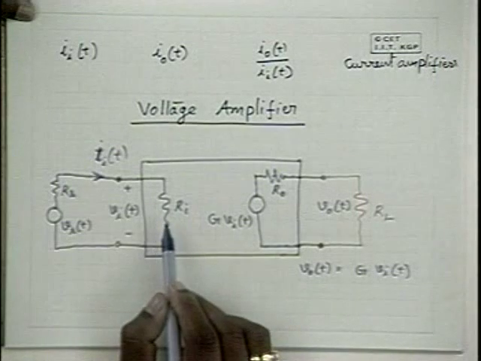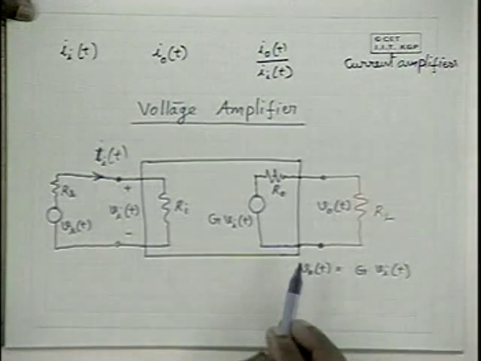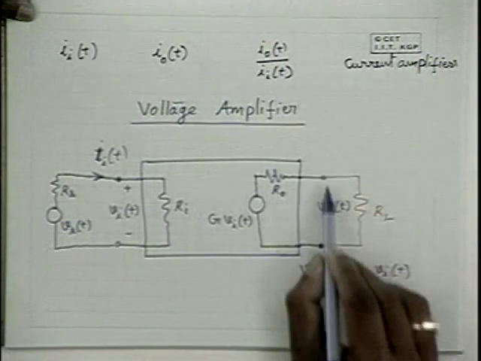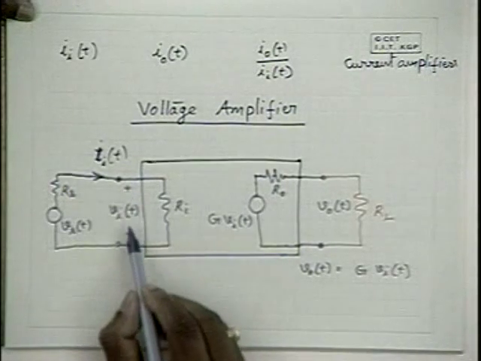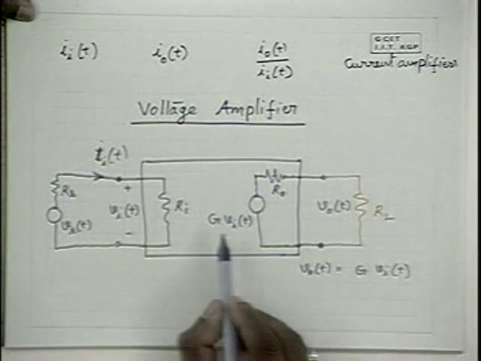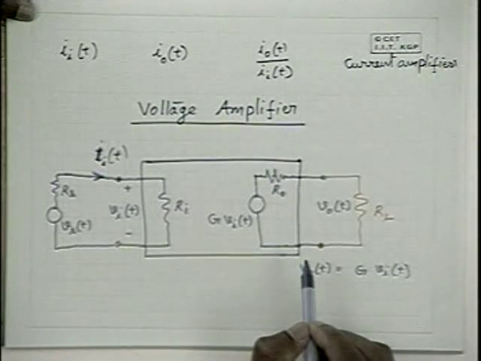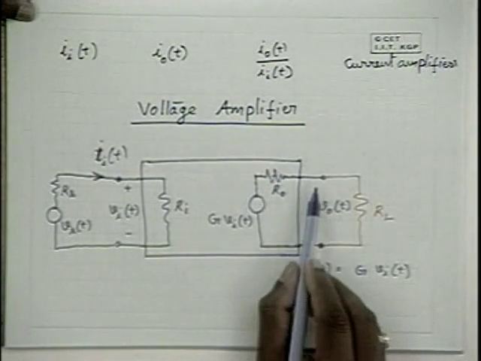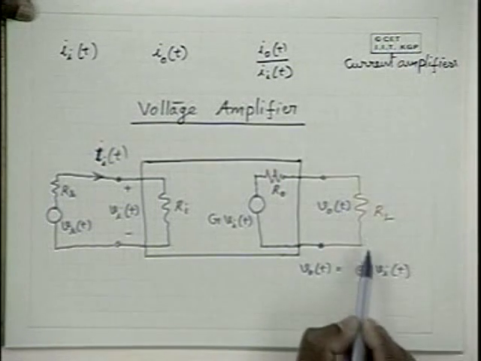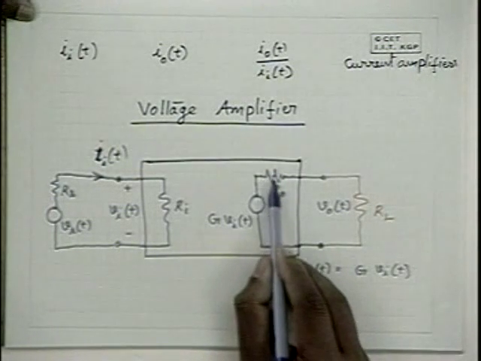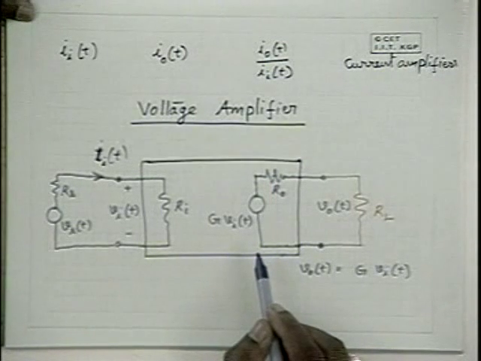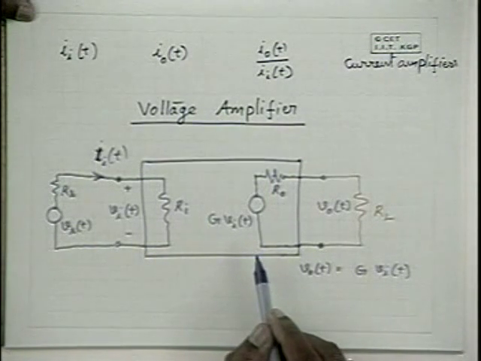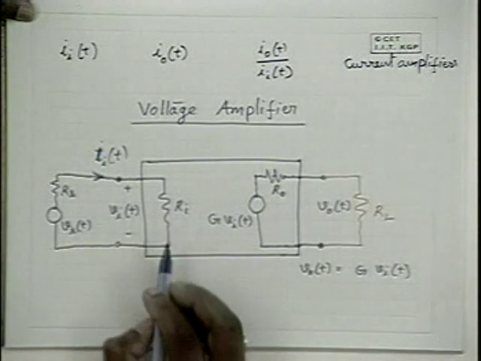In general, it is impedance, and it exhibits some open circuit voltage gain G. That means given the input voltage, the output voltage will be G times that input voltage, and that voltage changes with load resistance. That means it exhibits some output impedance.